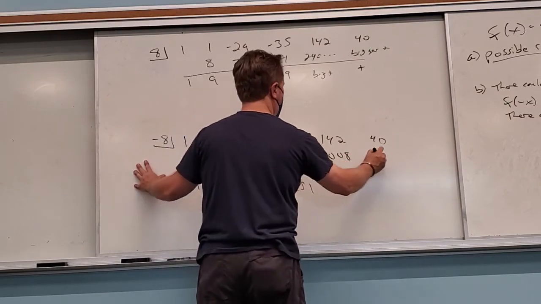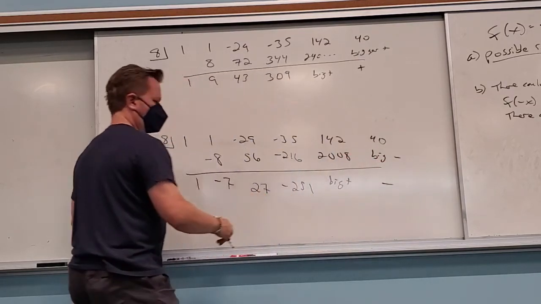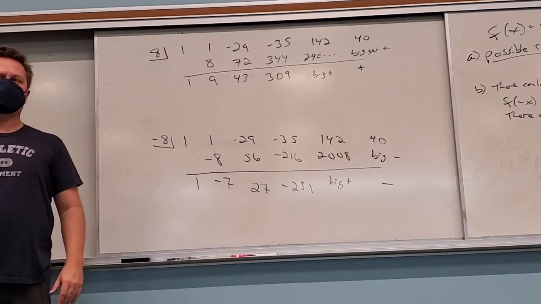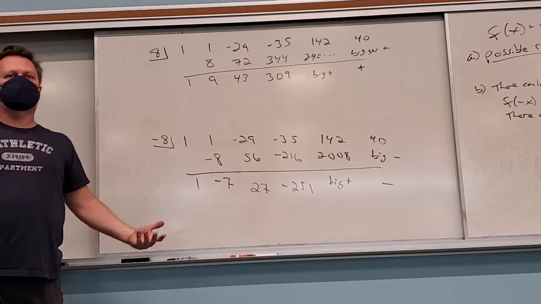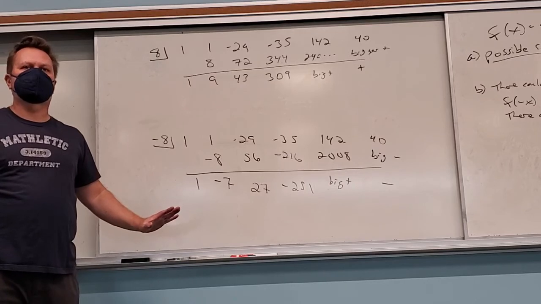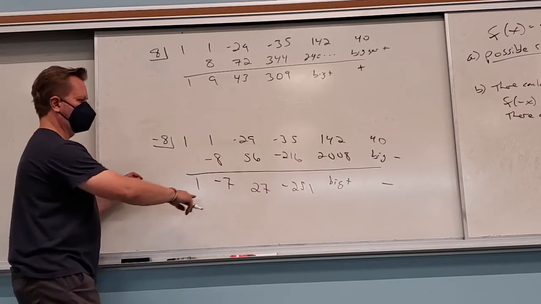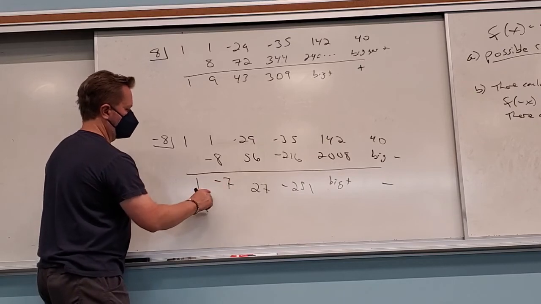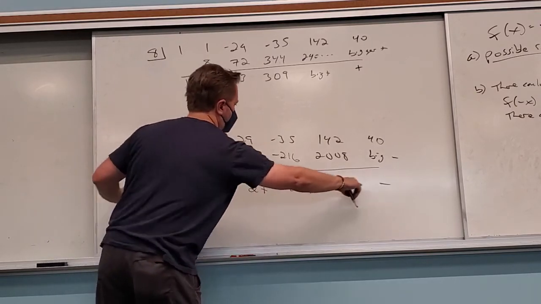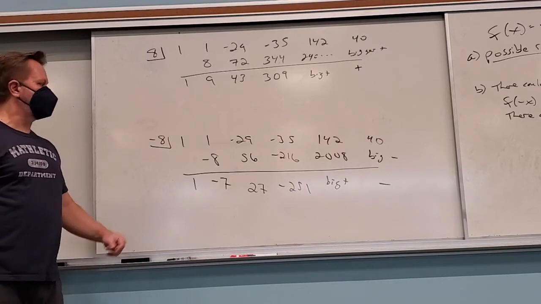Times negative 8 is big negative, so that comes out negative. Right? At some point I see it's not going to have a 0 remainder. Then the actual number doesn't matter to me. Now I just care about, what do I see here that tells me this is a lower bound? All change. So everything below negative.